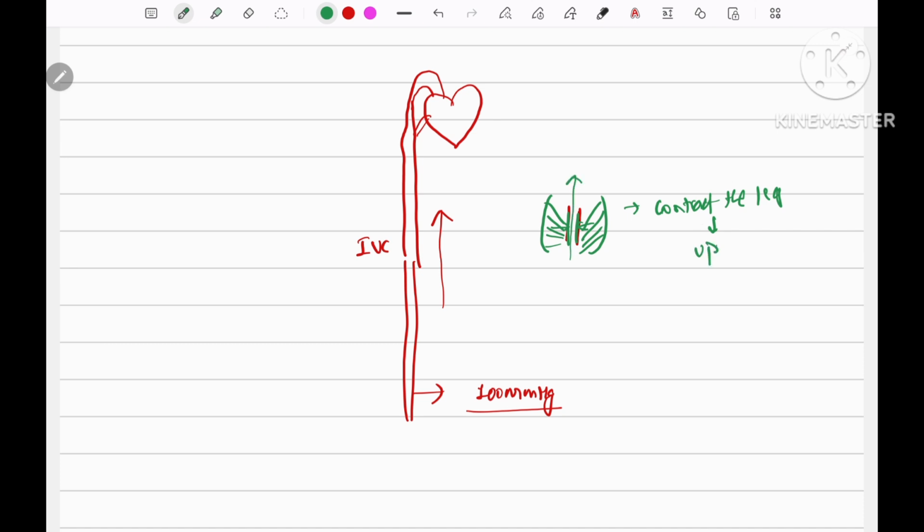The vein also contains valves, and these valves act as one-way valves, so they prevent the blood from going downward.